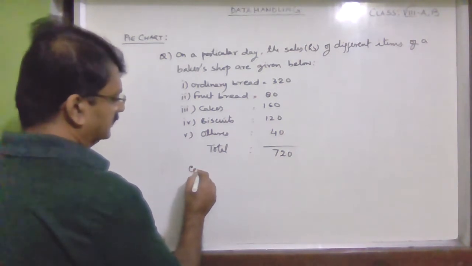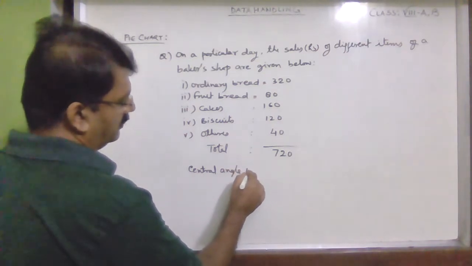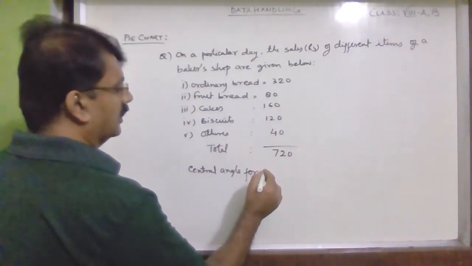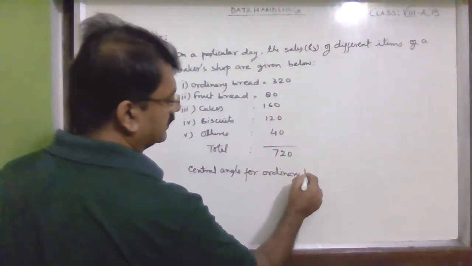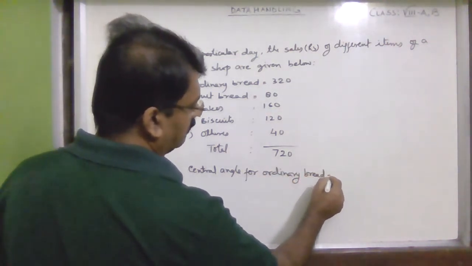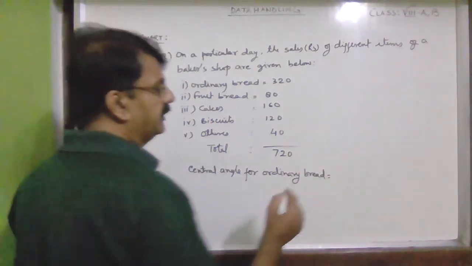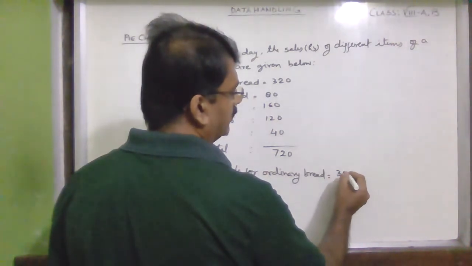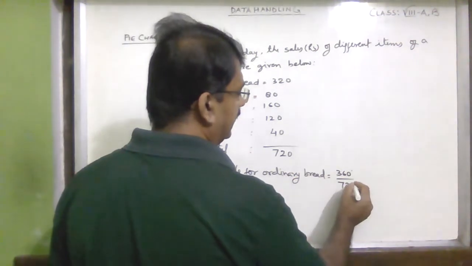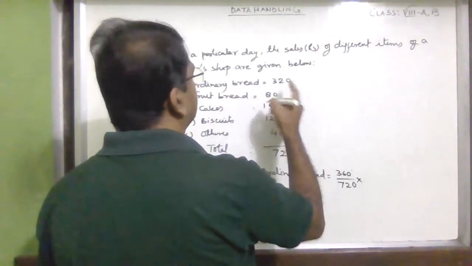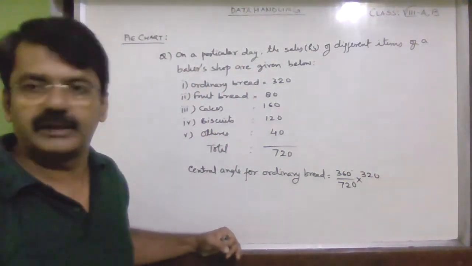Central angle for ordinary bread: 360 divided by the total, 720, multiplied by 320.